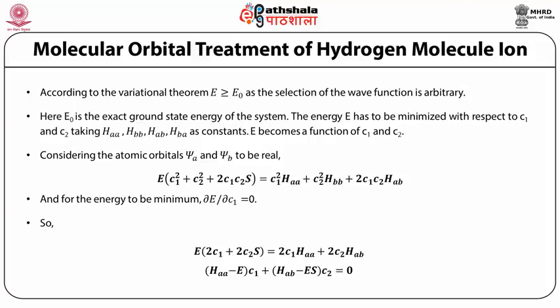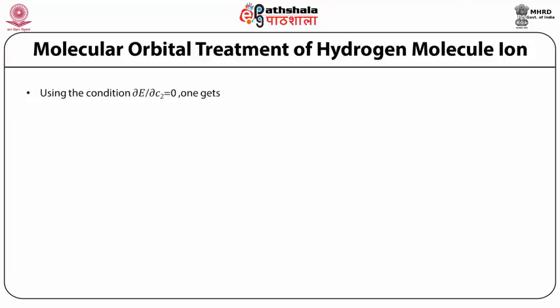Now, (HAA minus E) C1 plus (HAB minus ES) C2 is equal to 0, and using the condition ∂E/∂C2 is equal to 0, one gets (HAB minus ES) C1 plus (HBB minus E) C2 is equal to 0.